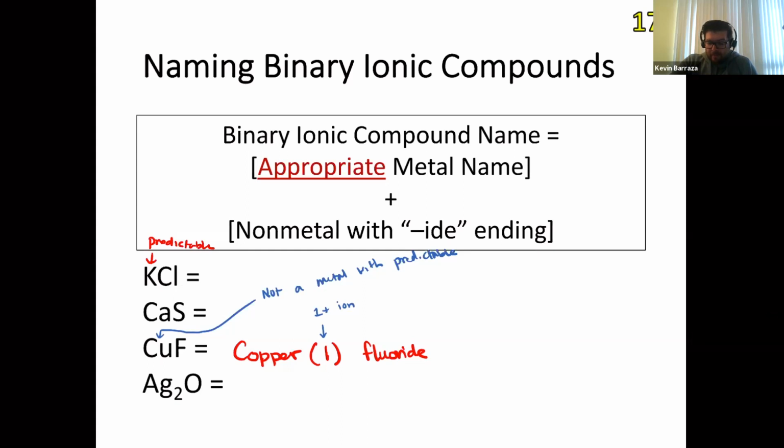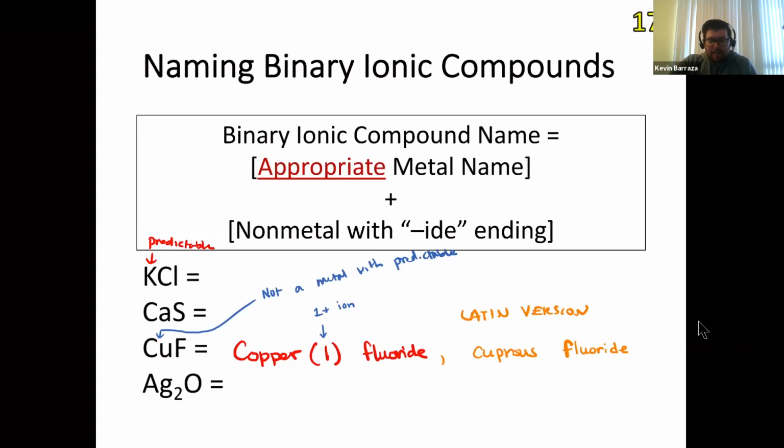So this would be its name. Or the Latin version is going to be cuprous fluoride. Fluoride is a very hard word to spell because it actually looks kind of backwards. It's U-O, R-I-D-E.